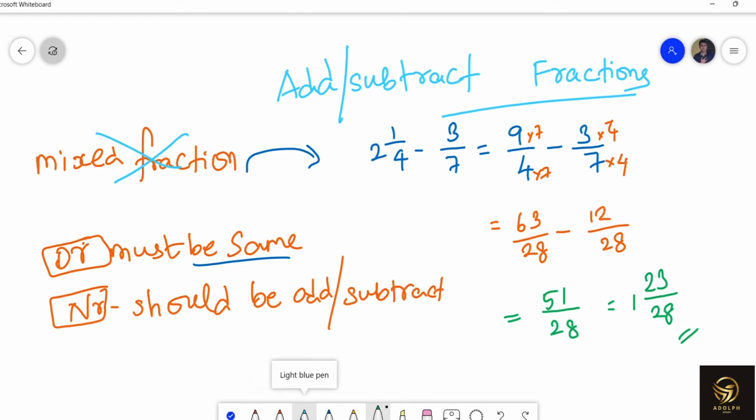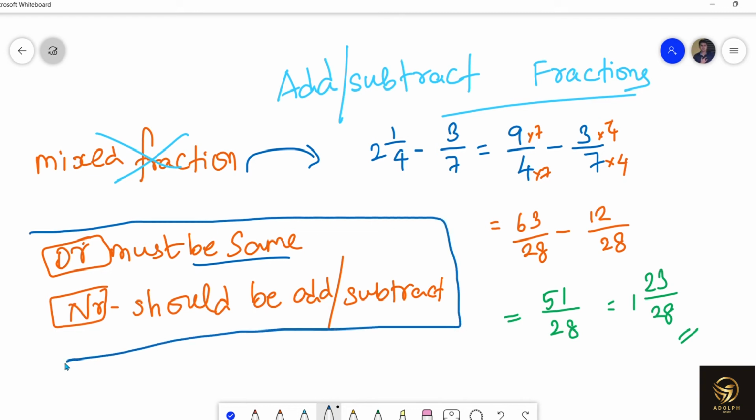So what is the condition? The condition is that the denominator must be the same and the numerator should be added or subtracted. For the operation, the denominator will not get involved. The same denominator will remain and the numerator alone will change. So ensure the denominator is the same and apply the operation only to the numerator.